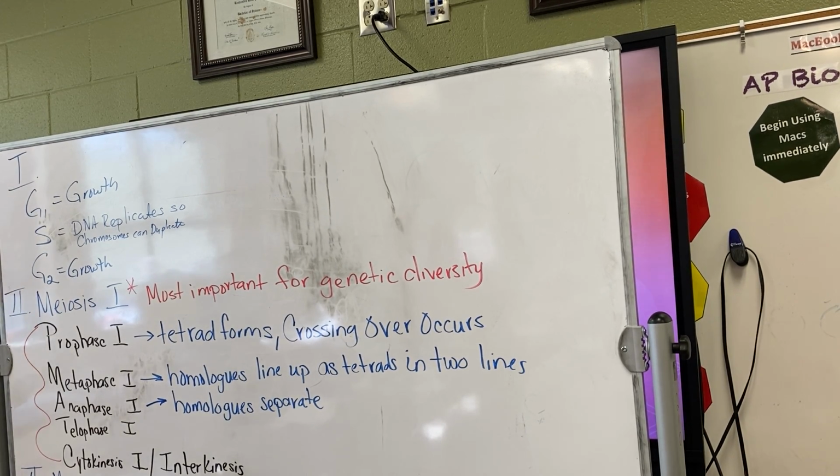So, interphase is interphase. It doesn't matter if it's mitosis or if it's meiosis. Interphase only happens once per cell cycle. A cell will only replicate its DNA and duplicate its chromosomes once per cell cycle.